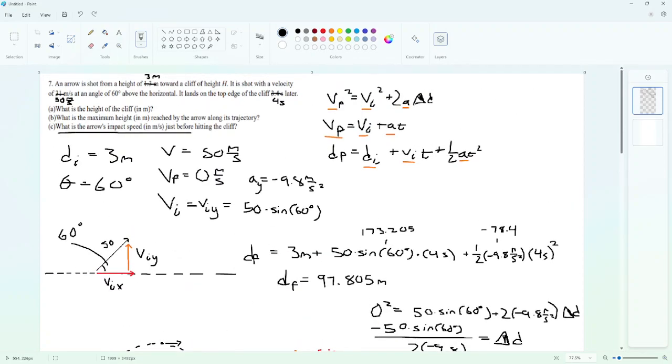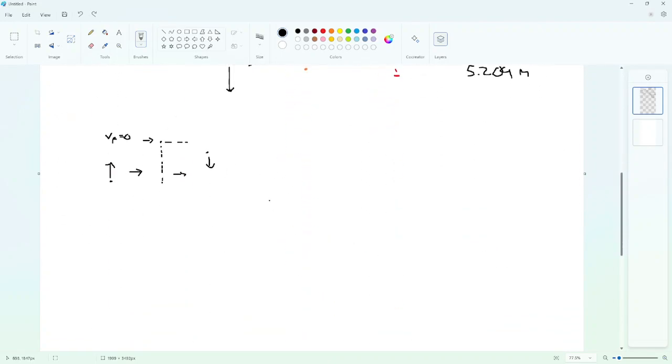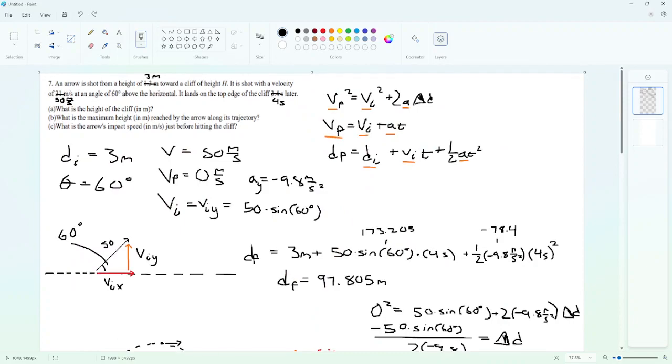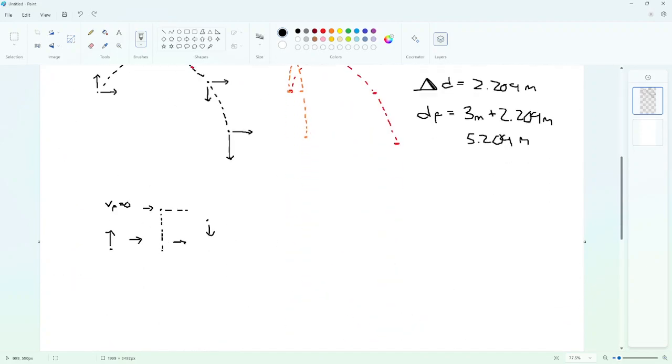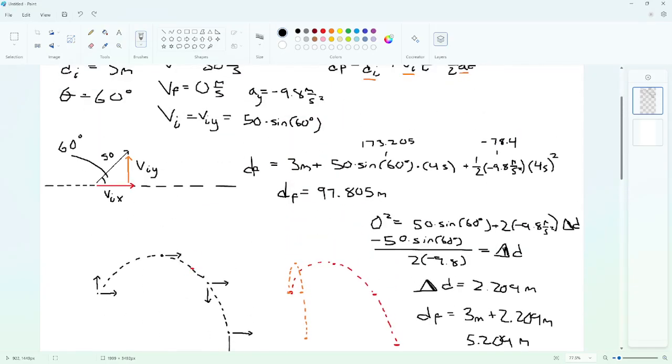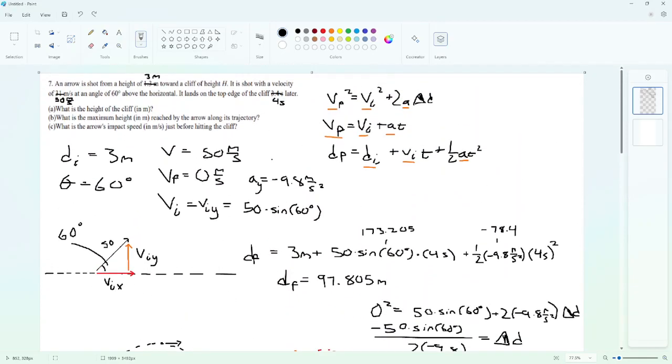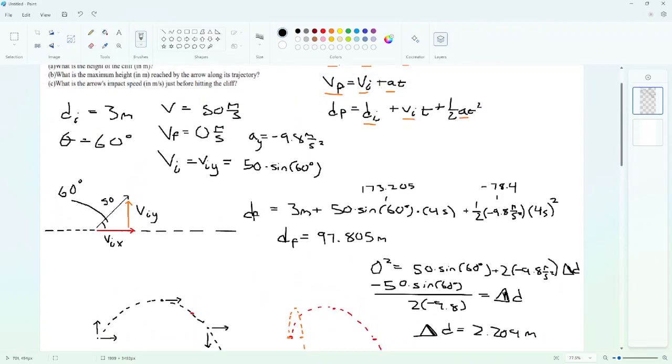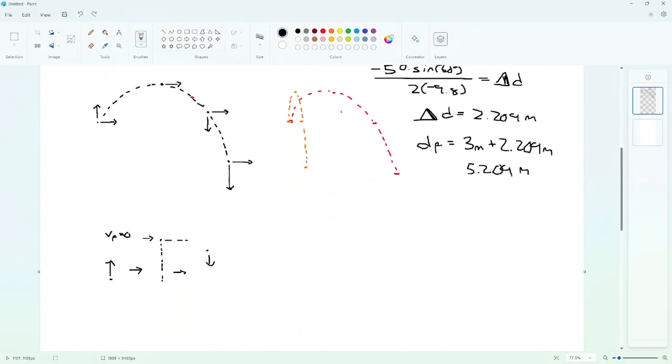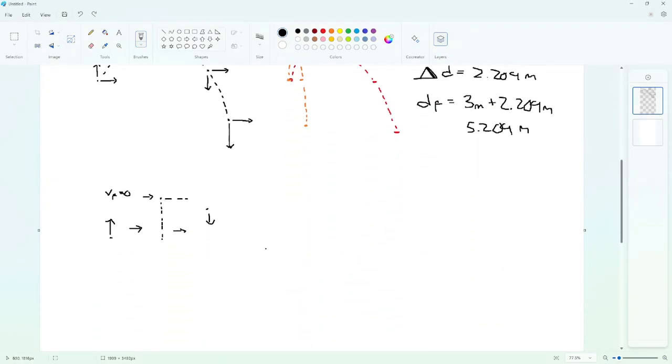And lastly, what is the arrow's impact speed just before hitting the cliff? Okay, for this one, we're going to be using a couple of things. Well, our final velocity, right as we hit our cliff. Do we have our final velocity? Okay, so right before we hit our cliff, after some time, this is our arrow, and this is our cliff.